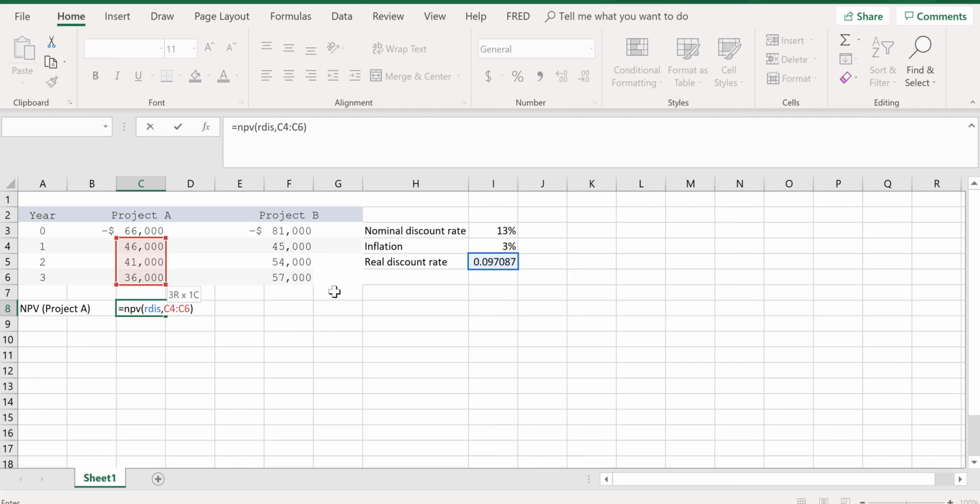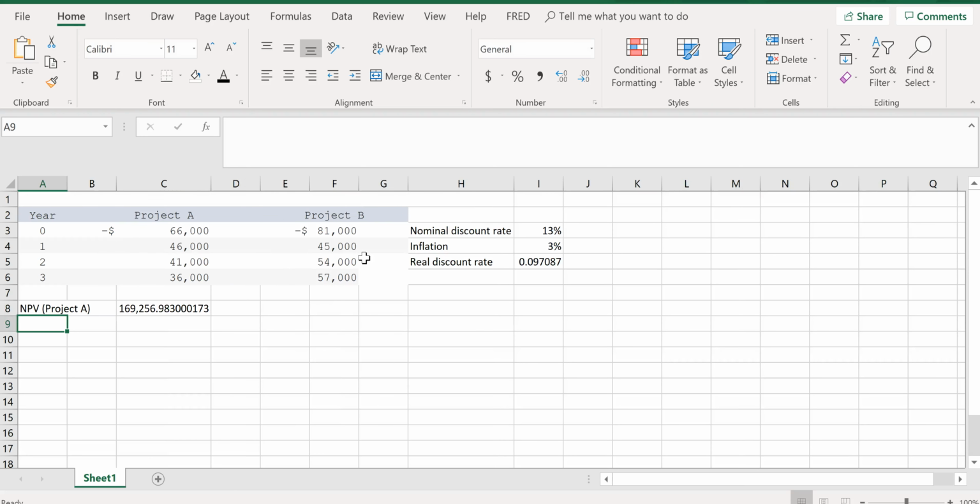But then the current year zero's cash flow is left out. So we need to add the current year's cash flow after we have done the NPV. So this gives us the NPV for project A.